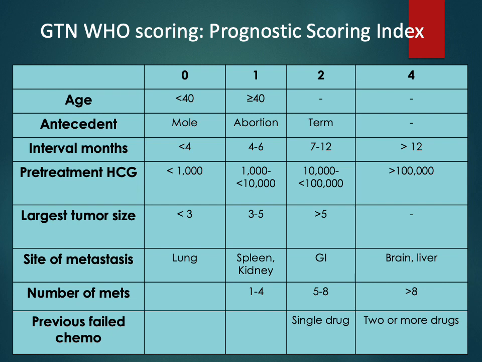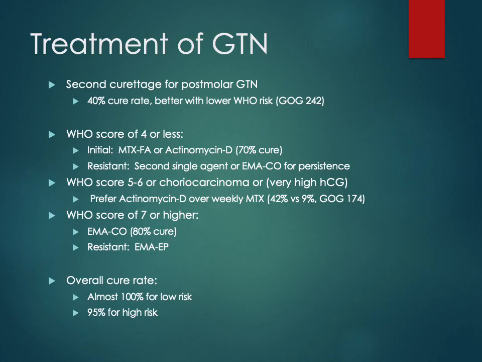So this is the GTN WHO risk scoring system, and you don't need to memorize the individual things here, but just know that your age, so the older you are, the antecedent pregnancy, so a term pregnancy is higher risk, the interval of months, so the longer since your last pregnancy, the higher your pre-treatment HCG, the larger the tumor, the more distant the metastasis, and the number of mets you have, and then your previous failed chemo for rescoring. All these affect what your score is, and it affects how you're treated.